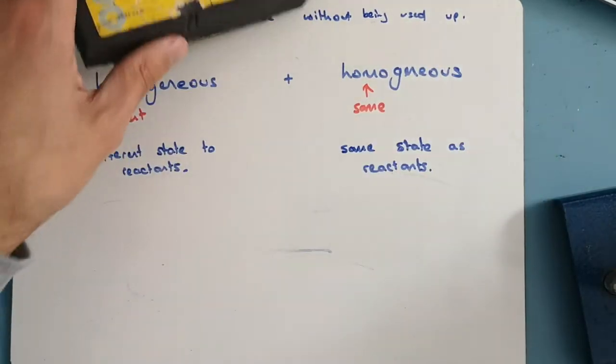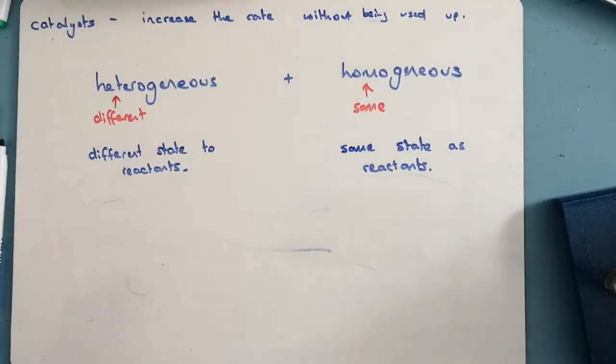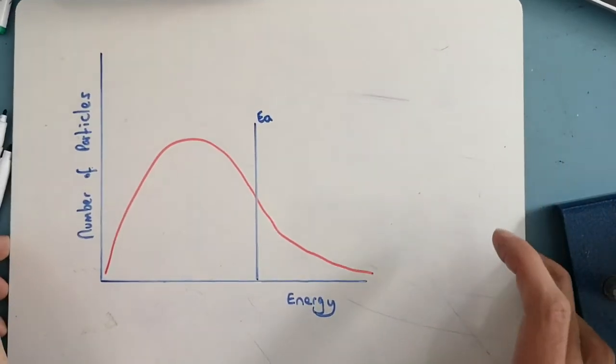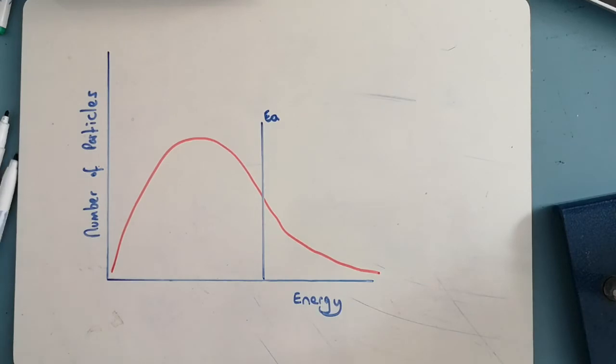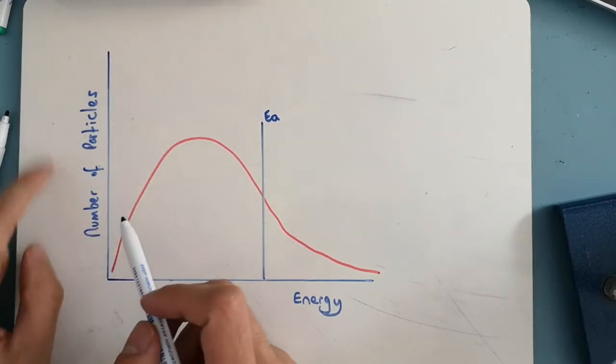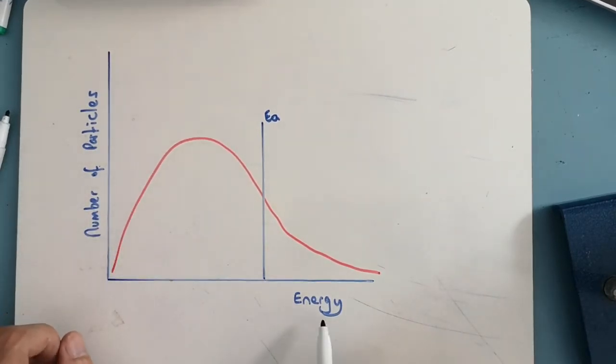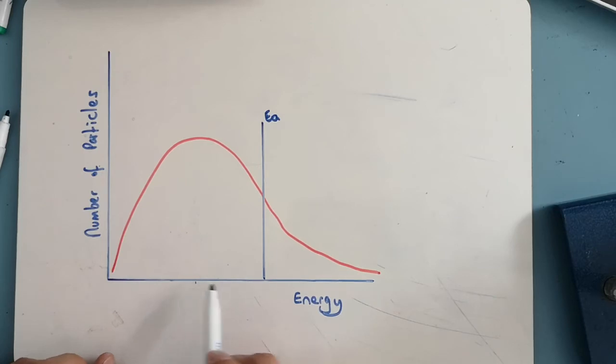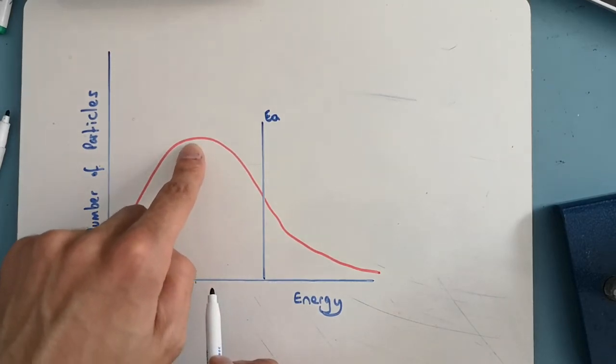So finally, in rates of reaction, we're going to look at the Boltzmann distribution, which is a beautiful little chart. Up the y-axis, we've got number of particles, and along the x-axis, energy. So at any specific point, if we choose here, at this section of energy, there are lots of particles with that amount of energy.